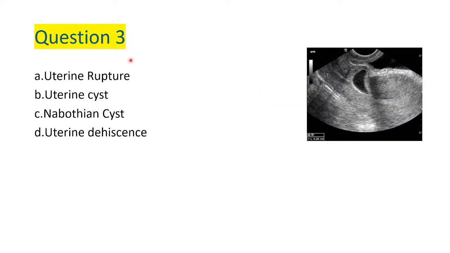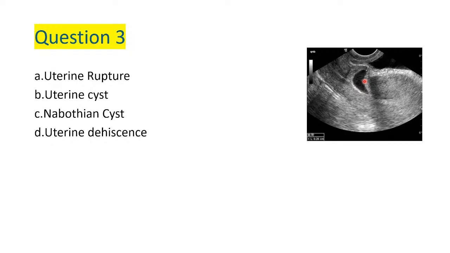Question number 3. We have got the uterus there, and you can see the rest of the uterus appears normal. This is the endometrium. Then you've got this cystic collection there, and you can see here it's still closed. Then we've got our cervix there. So what is this? Uterine rupture.